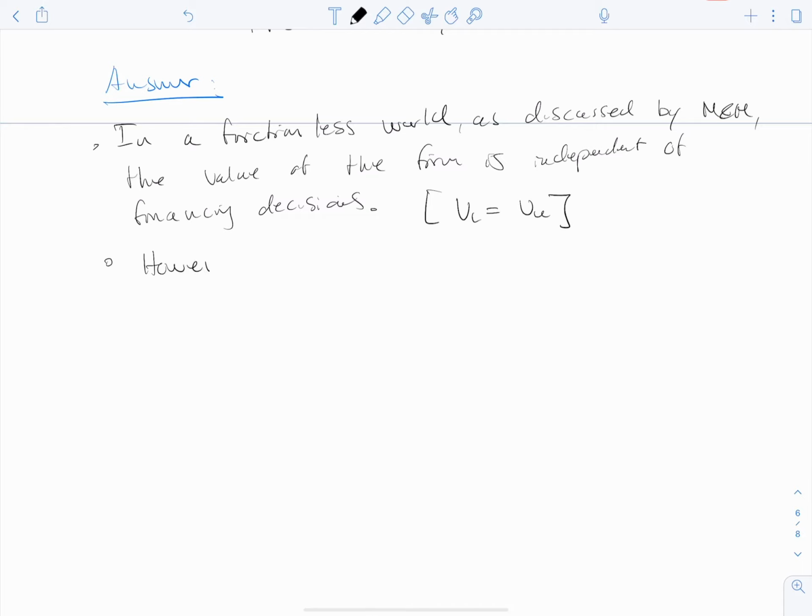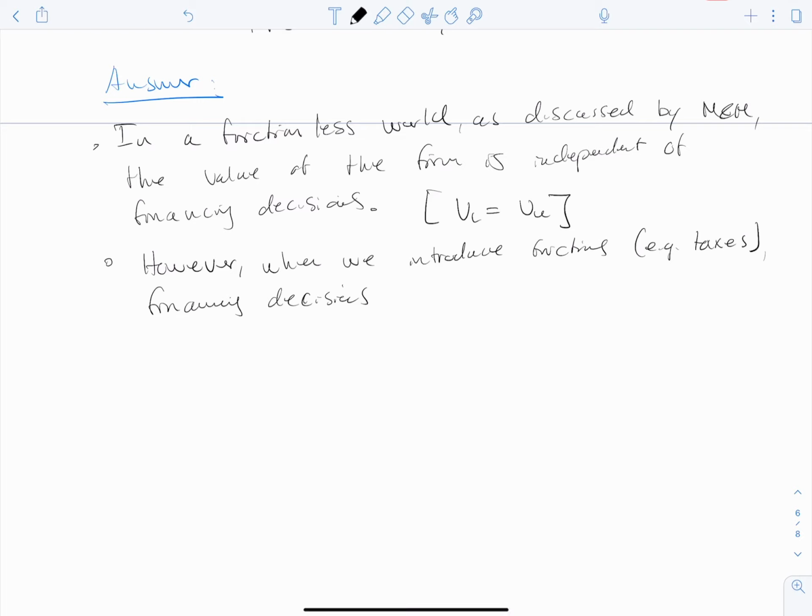However, when we introduce frictions, e.g. taxes, financing decisions can affect firm value.